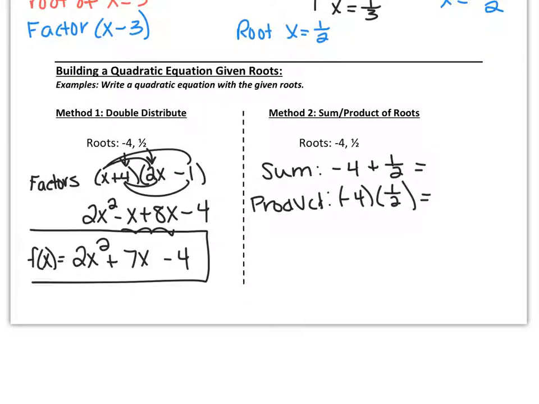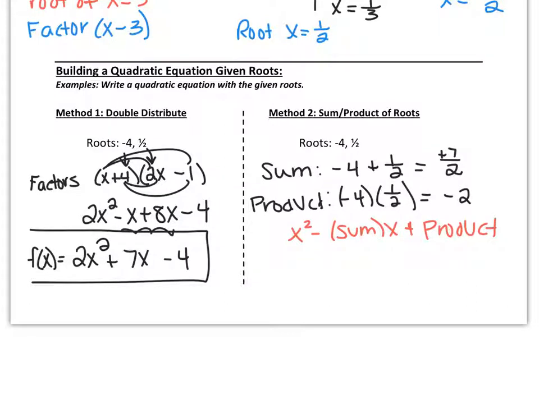So the sum will add to negative 7 halves, and the product will multiply to negative 2. So putting this into the formula is x squared minus the sum x plus the product.